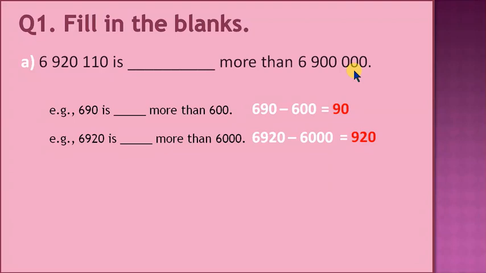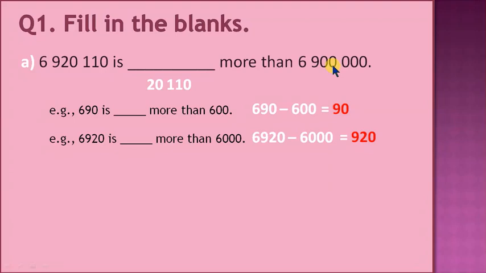And in the other way, if you subtract this value from this value, you will get the answer. Otherwise, if you see carefully, you will find the answer 20,110 more. Answer is 20,110.